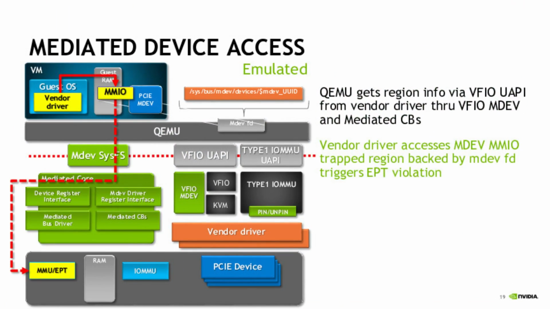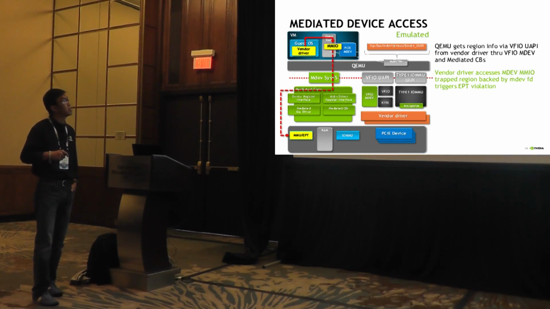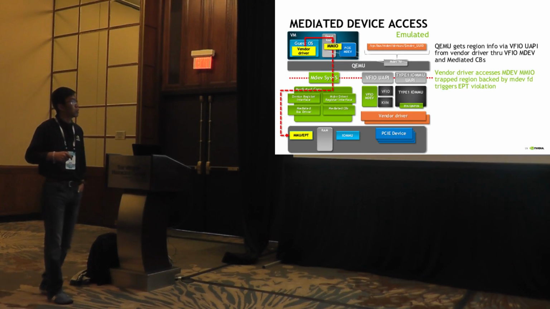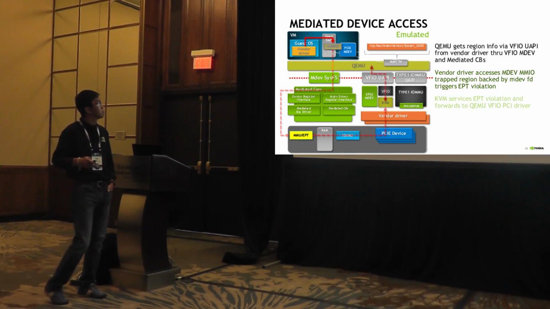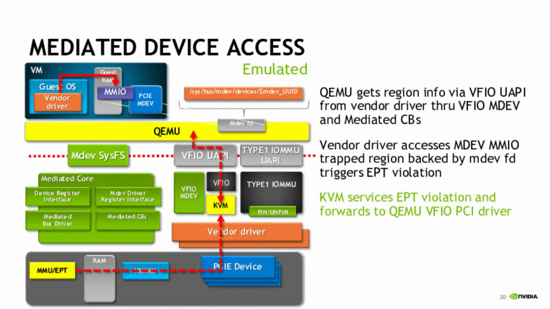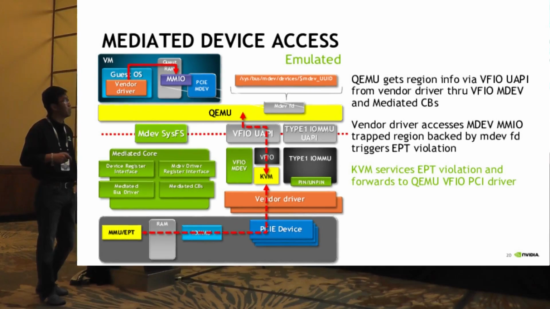And then when the guest driver accesses the memory mapped IO area of this device, it will trap and trigger an EPT violation here. Then KVM services the EPT violation and forwards it to the QEMU VFIO driver.